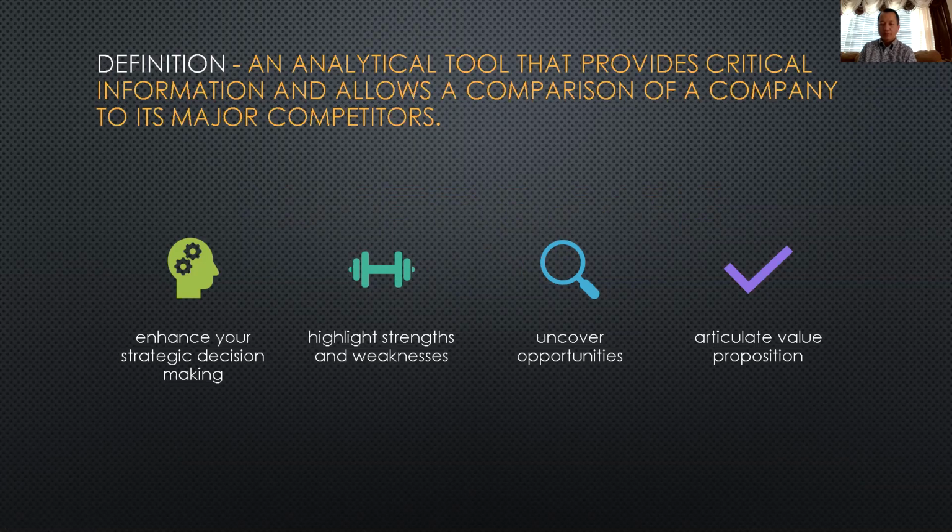And then it articulates a value proposition. What I mean by that is you get to see your strengths, what you're good at, versus what your competitors are good at. And you can use that to your advantage, where you can promote your strengths as something you can do to market your brands to your target consumer.